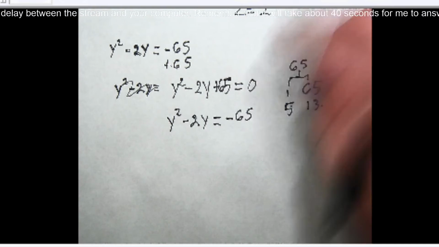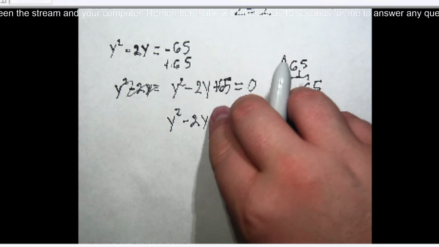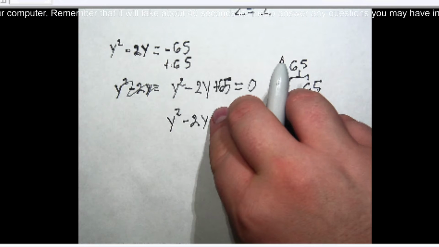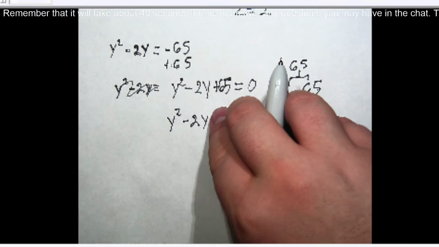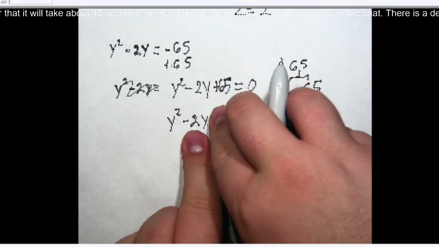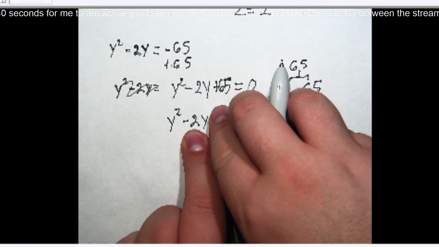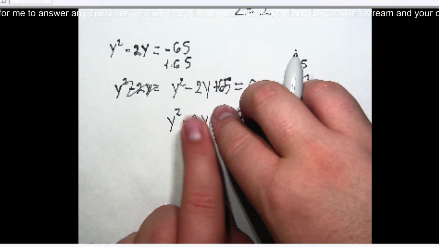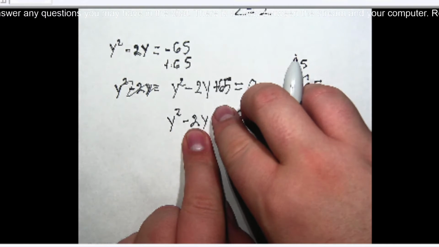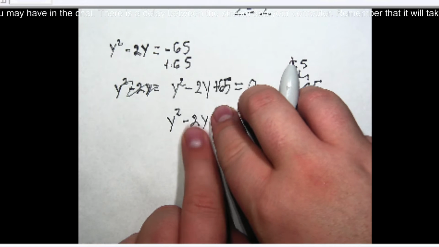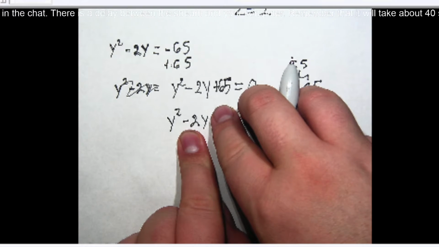With the 65, it wasn't factorable, but we can add a different number to this side to make it factorable, something that isn't 65. And the way we find a number that will work is we look at this middle number, take half of it, and square it. So half of 2 is 1. 1 squared is 1. So the magic number that will make this thing factorable if we add is 1.